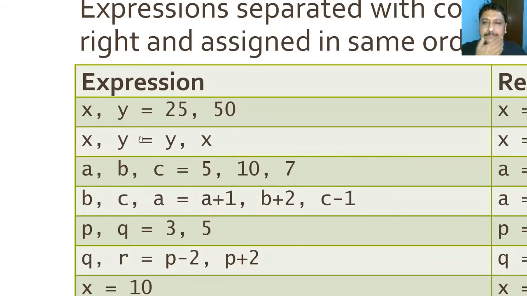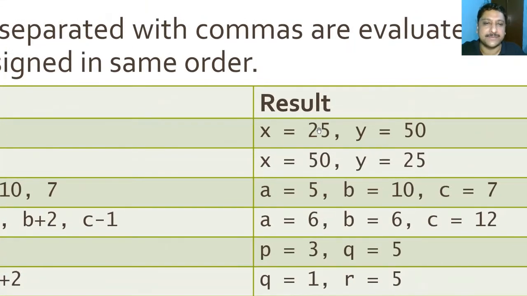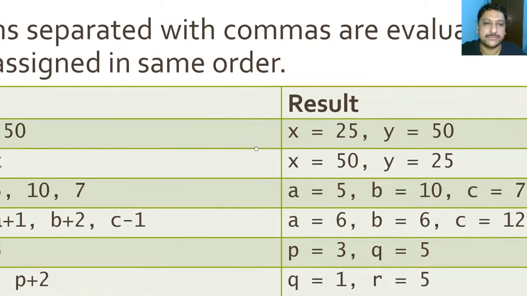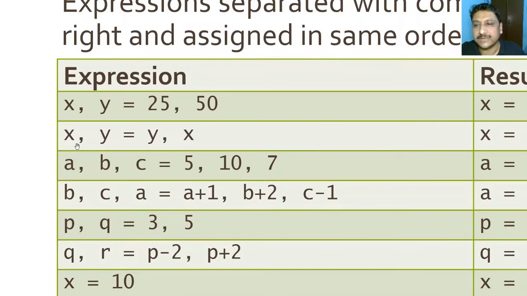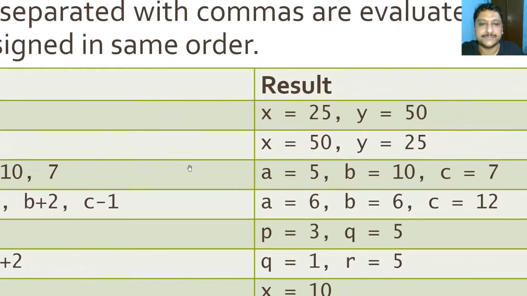After executing this statement, x will become 25 and y will become 50. Now x comma y equals to y comma x. The value of x is 25 and y is 50, so x will become 50 because the value of y is 50, and y will become 25 because the value of x is 25.